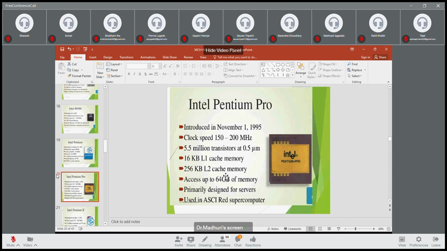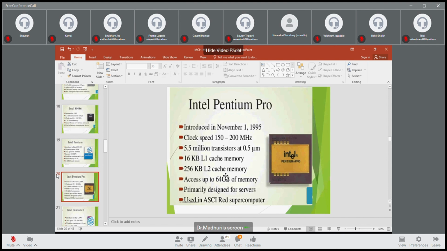Here they introduced it in November 1995, and the clock speed is near about 150 to 200 megahertz, with 5.5 million transistors at about 0.5 micrometer. Now here they have 16 KB cache memory, that is the L1.